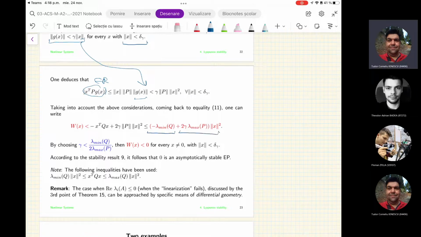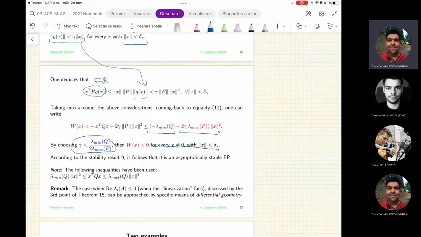Lambda min is the minimal eigenvalue of Q, because the minimal one is the lowest value, that's why we take the minus lambda min, and this is twice lambda max this time, lambda max times norm of x squared. And then we can choose a gamma at our discretion based on this boundedness relationship. And then you can write this. This is true.